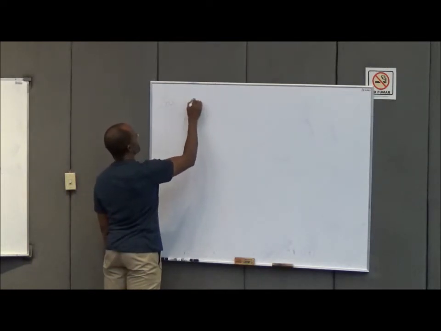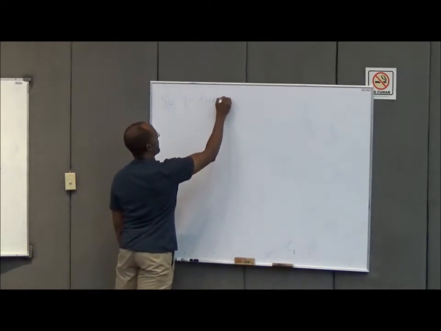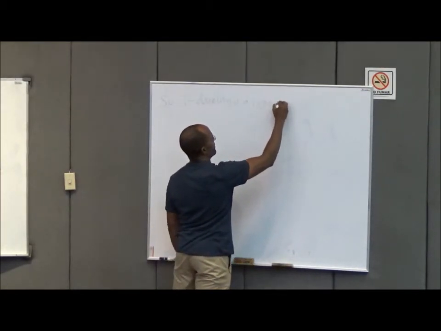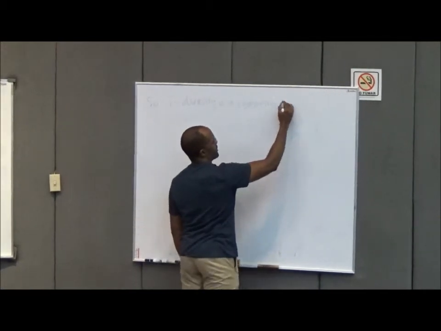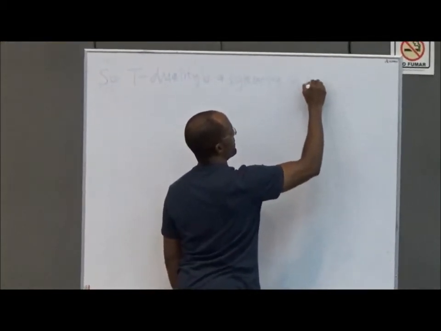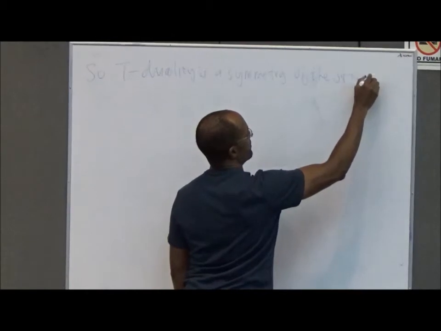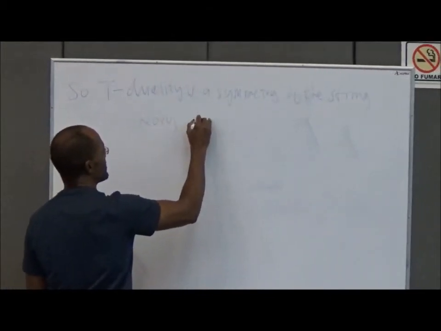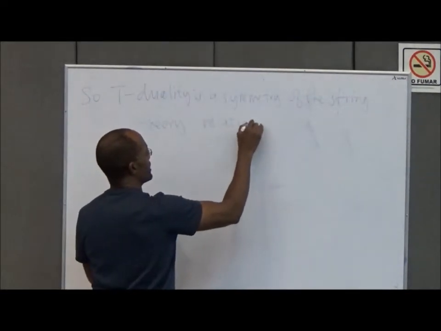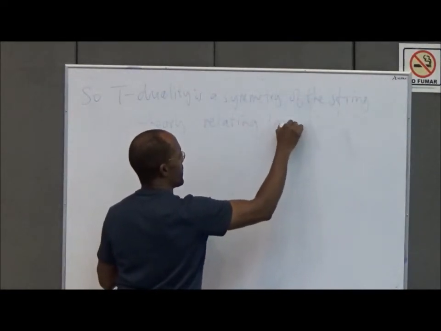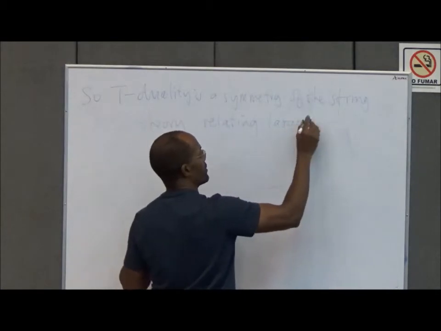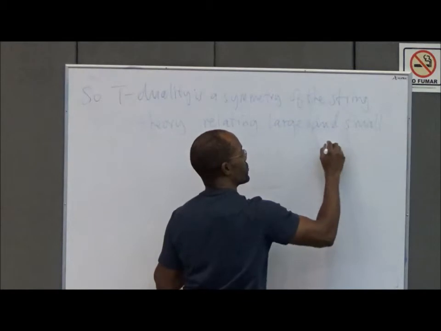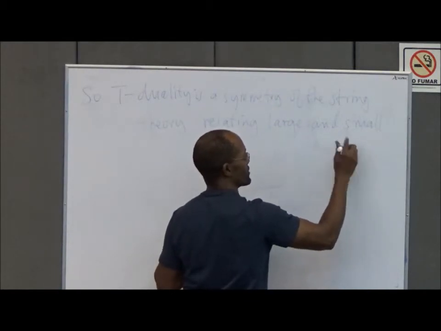So T-duality is a symmetry of the string theory relating large and small circles, which really should have nothing to do with each other.